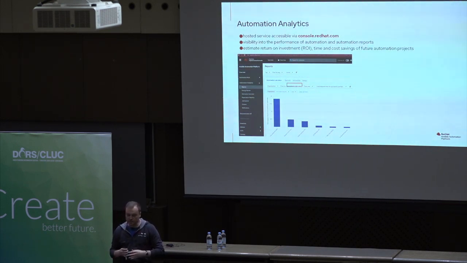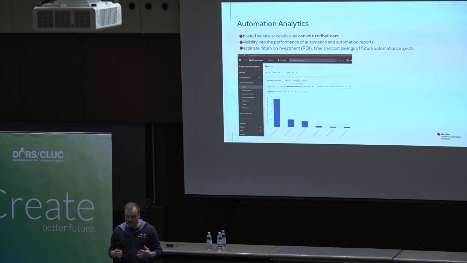There are plenty of different kinds of reports, which are very useful, especially when we have a lot of different IT domains and departments in our organization. So this is a kind of central place where we can assess our automation and check what works and what doesn't work, etc.